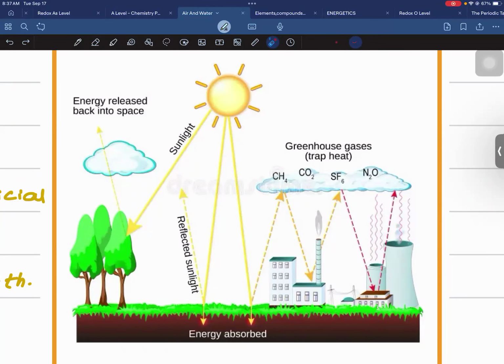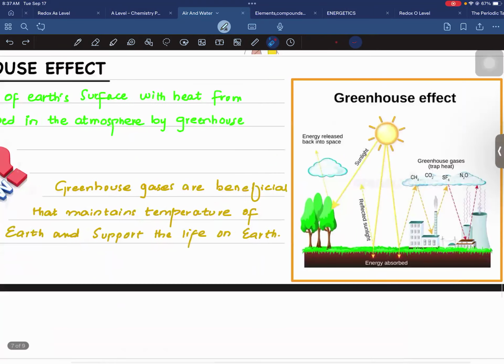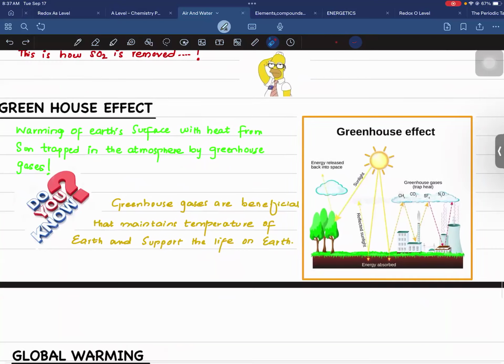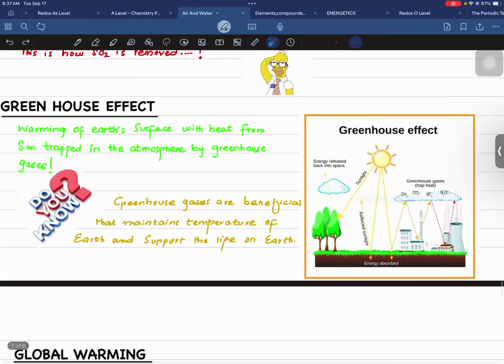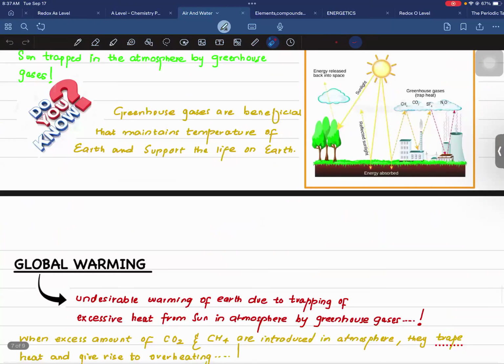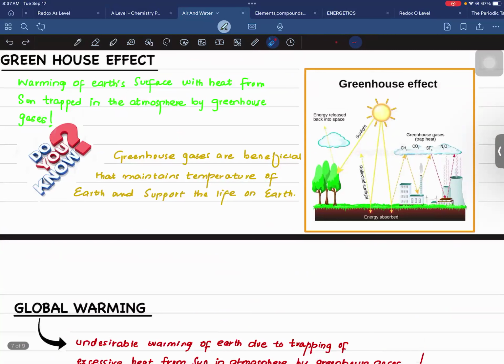But remember, when you have an excess of these gases, they are quite harmful for us. They increase the temperature to some extent.